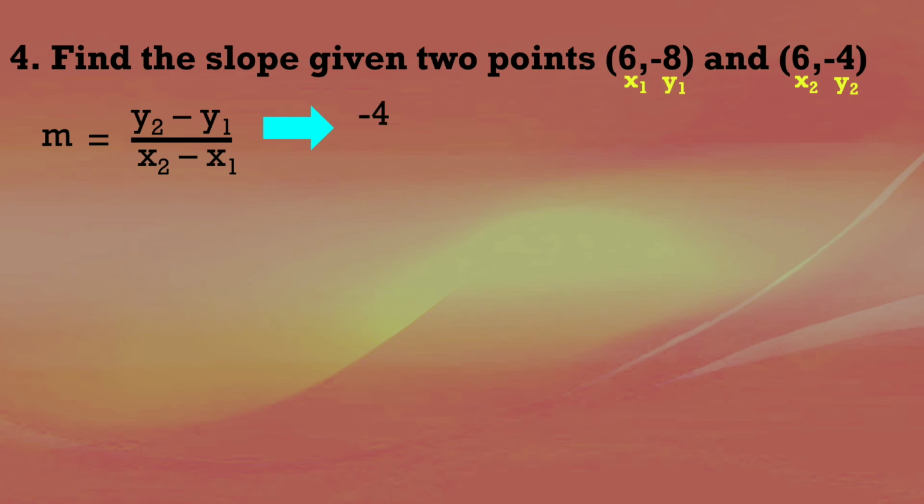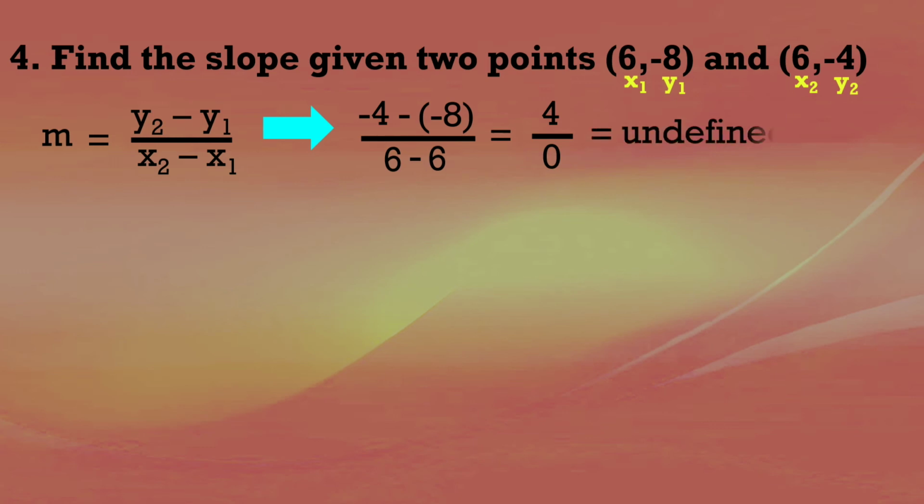So, substitute sa formula. So, negative 4 minus negative 8 over 6 minus 6. So, ayan. So, negative 4 minus negative 8. So, ito ay magiging positive 8 na. So, negative 4 plus 8 is 4. Then, 6 minus 6 is equals to 0.